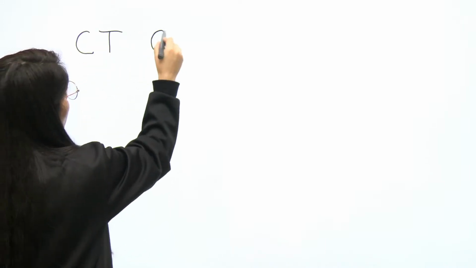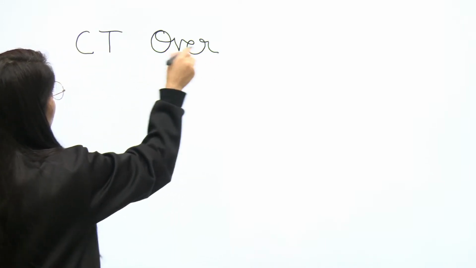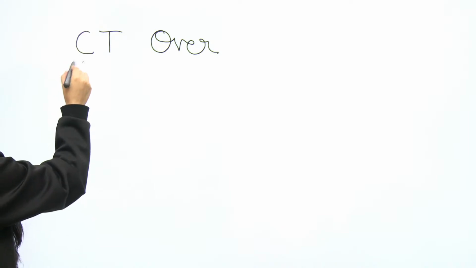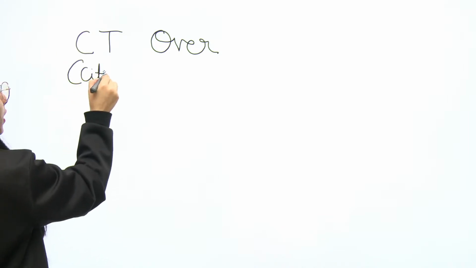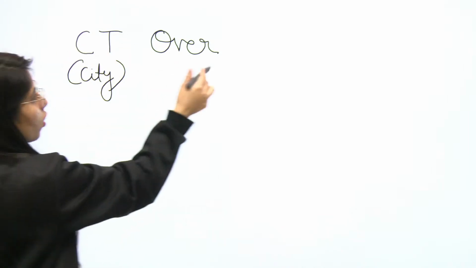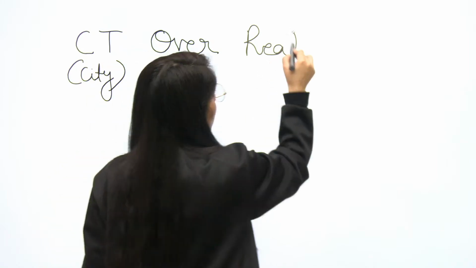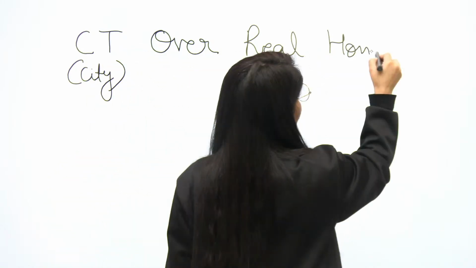There is a trick, the statement: city over real, home, maintain, free, clean. Basically, I'm writing it as C and T, but it is like the city, but you need to write it as city.